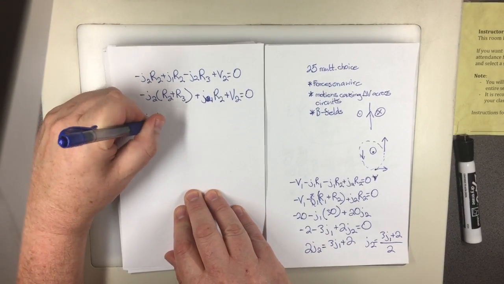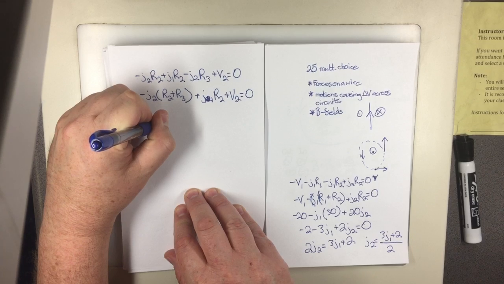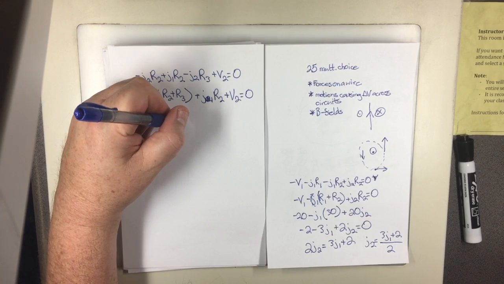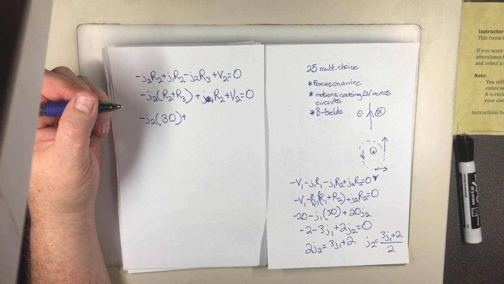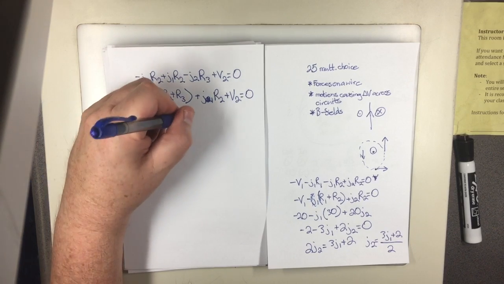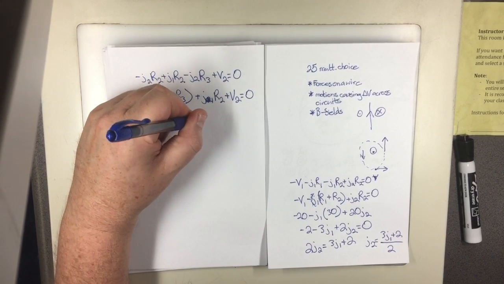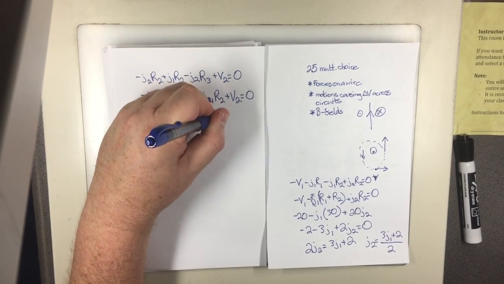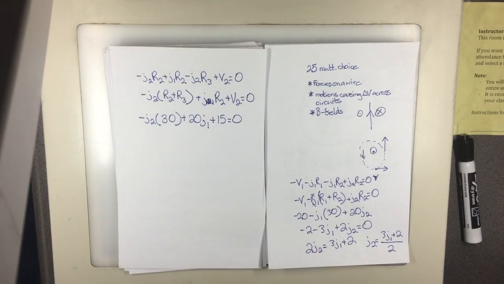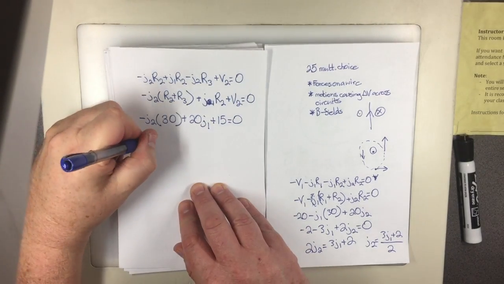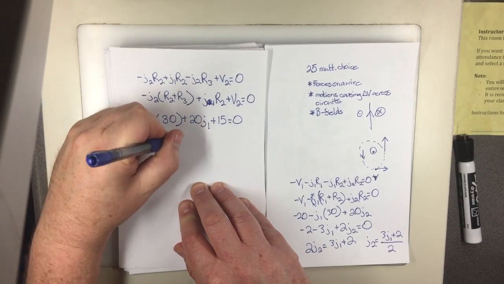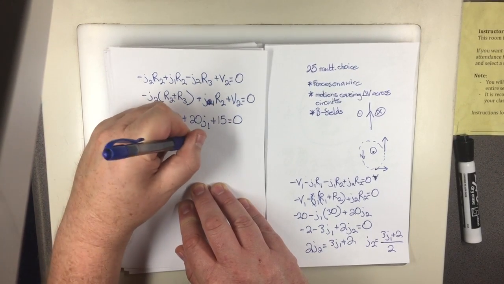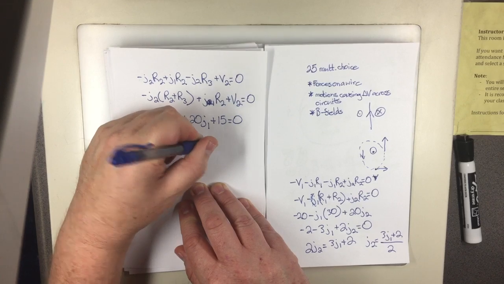Minus J2, R2 and R3 gives you 30. J1 and R2 give you 20, or I'm sorry, just R2. 20 J1, and then V2 is 15 volts. Everything has a common multiple of 5, so it's minus 6 J2 plus 4 J1 plus 3 equals 0.